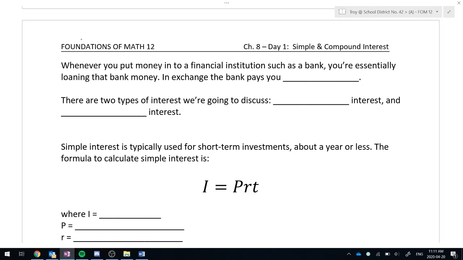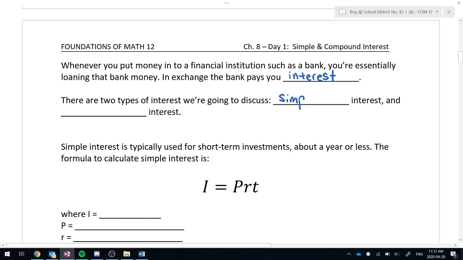Anytime you put money into a bank account, essentially you're loaning the bank that money to go invest into other things, and in exchange, the bank gives you a little bit of extra money. We call that interest.